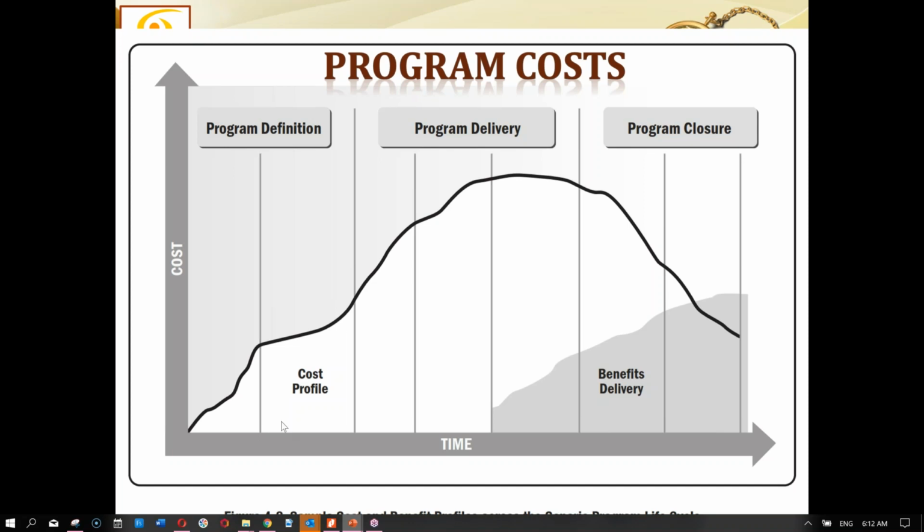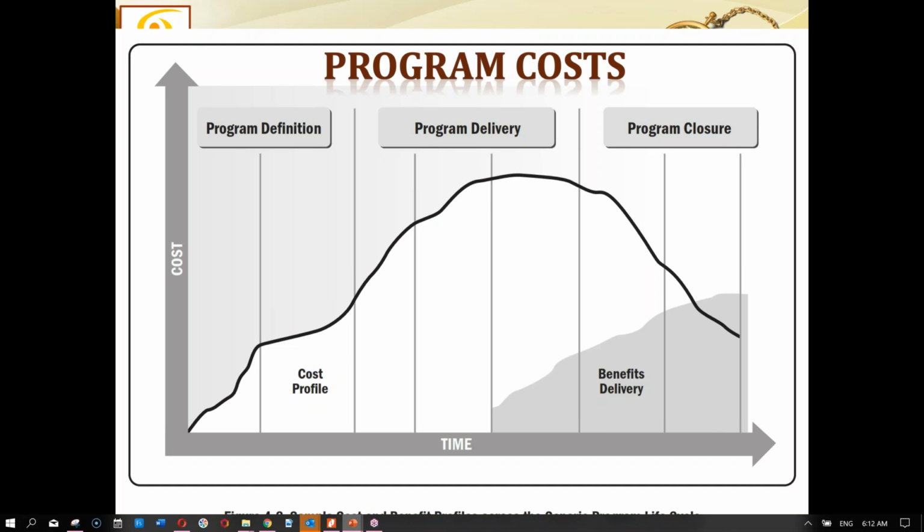As soon as the benefit delivery starts coming, it could be subtracted from the cost, and the overall pending cost on this program can be estimated. By the end of the program, almost half of the cost we have spent on the program probably has been recovered.